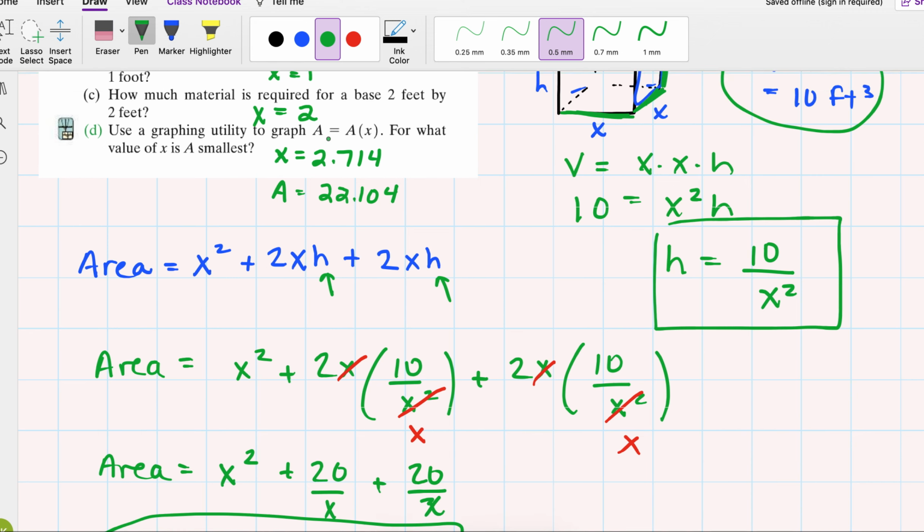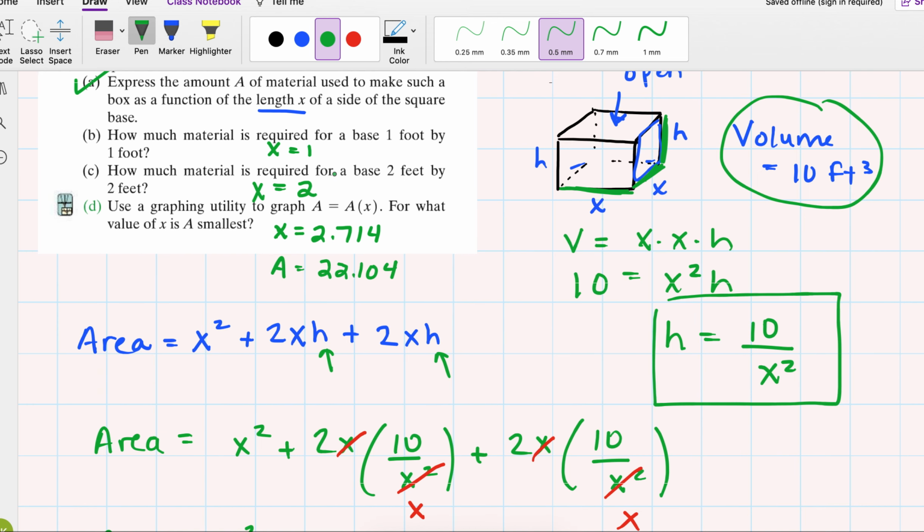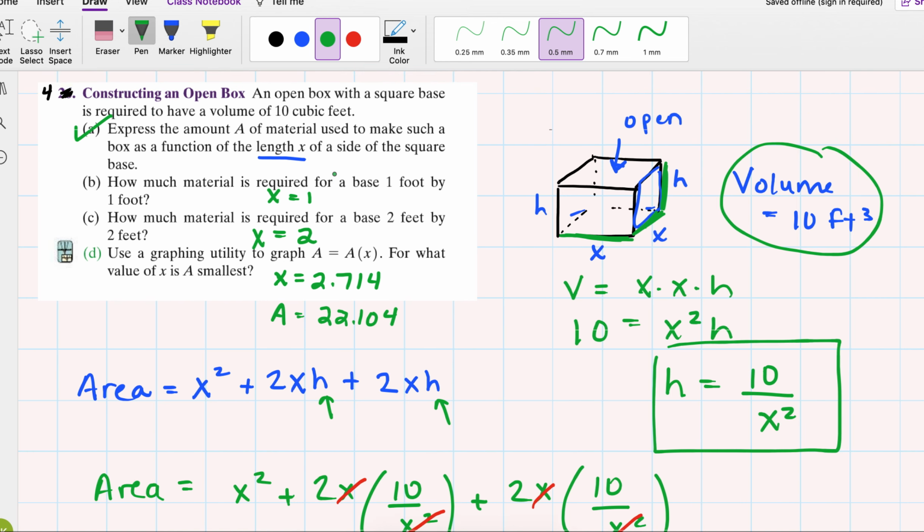Now, why would you want to find the smallest area? So let's think about if we were actually producing boxes. That was our job. We had some company where we wanted to make boxes. Well, if you make a box, you want to use the fewest amount of materials to make the box, because you want to make it cheaply, and you want the box to hold as much stuff as possible.